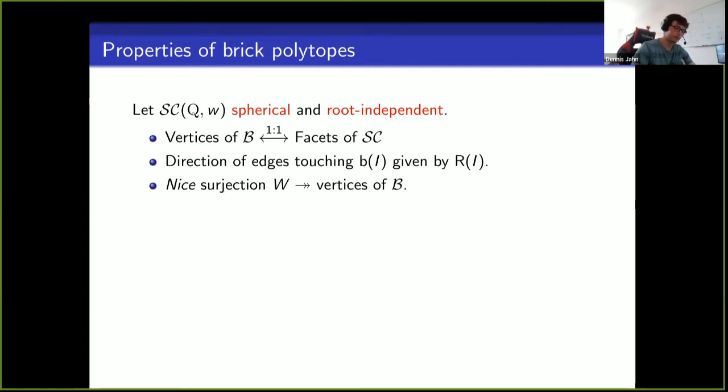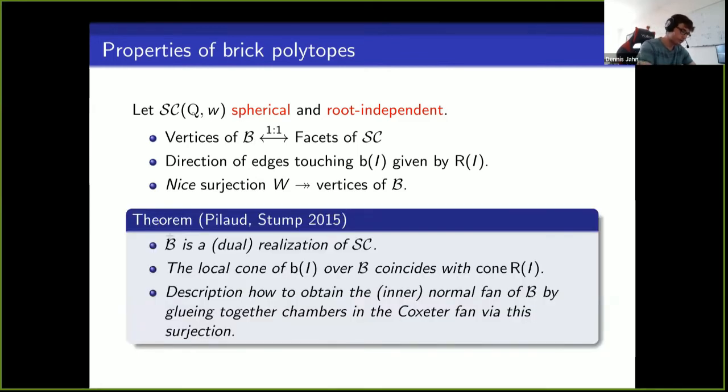And there's a nice bijection of the elements of the group onto the vertices of the brick polytope. This comes together in several theorems by Pilaud and Stump from 2015, where they showed that in the spherical and root independent case, the brick polytope is a dual realization of the Subword complex.